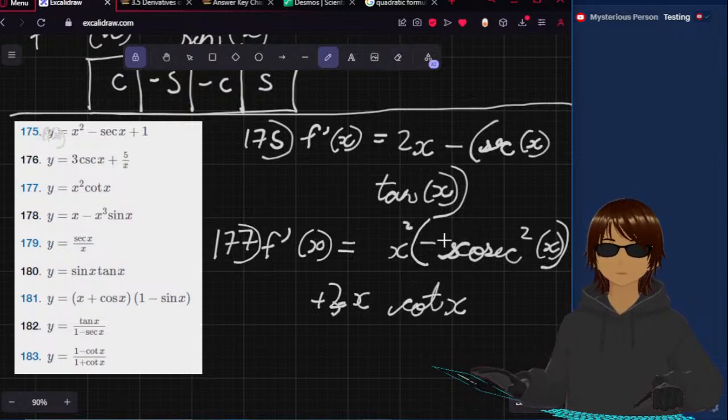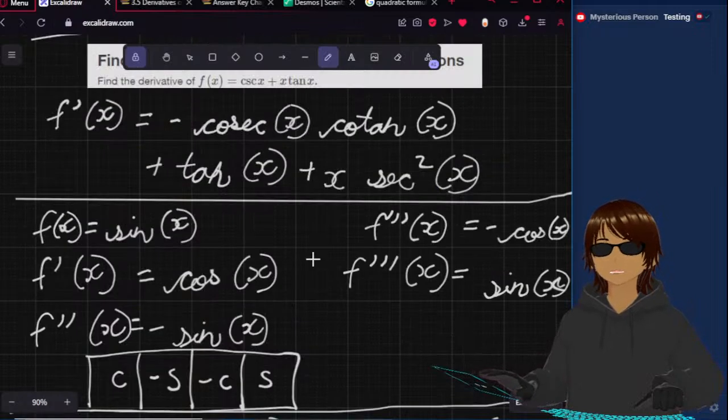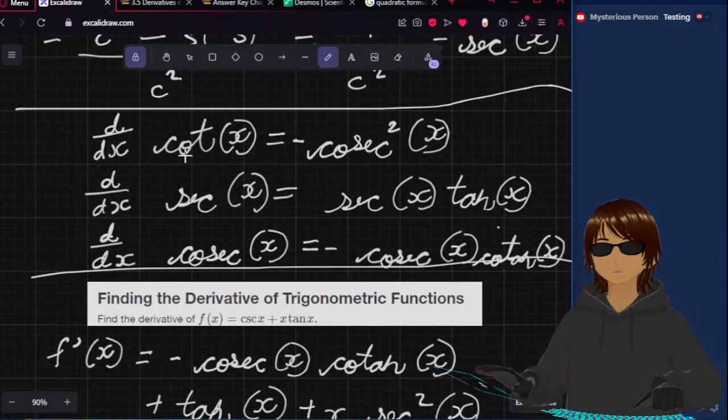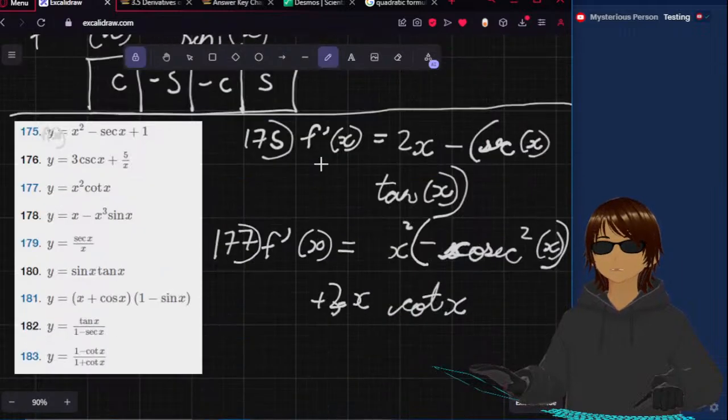Can't remember this though. Minus cosecant squared.